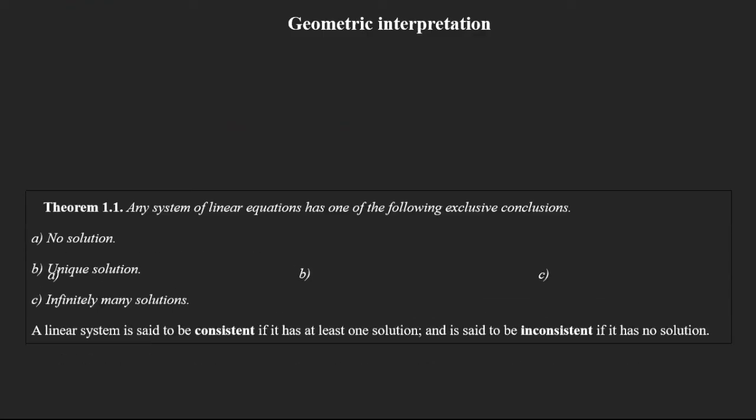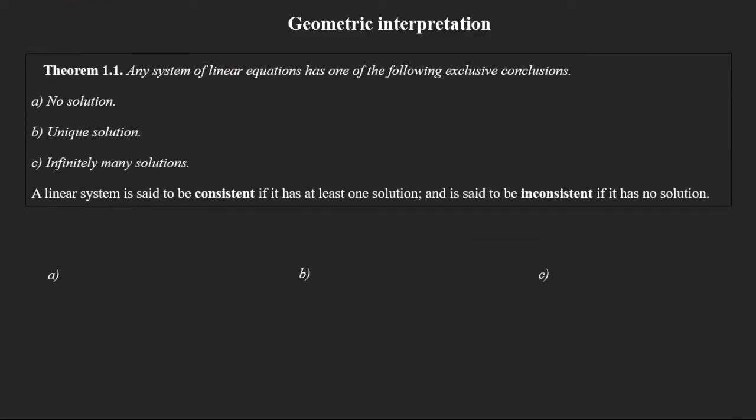Now we have a theorem that any system of linear equations has exactly one of the following conclusions. A, no solution: in the system of two equations, if both lines are graphically parallel to each other, there is no solution.